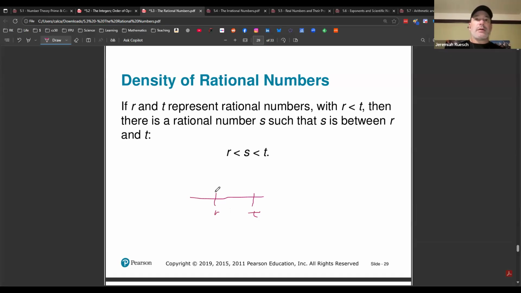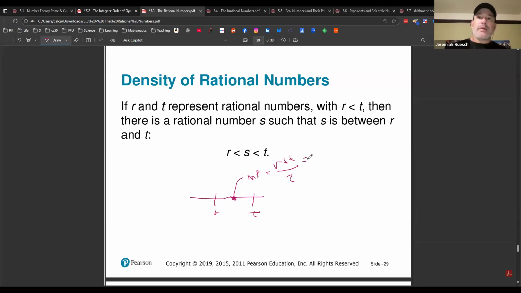In particular, one way to think about that is, what about this point right here? This point right here has a special name. It's called the midpoint. And how do you find that? Well, we can call that R plus T divided by 2.